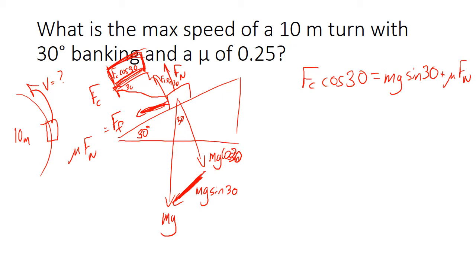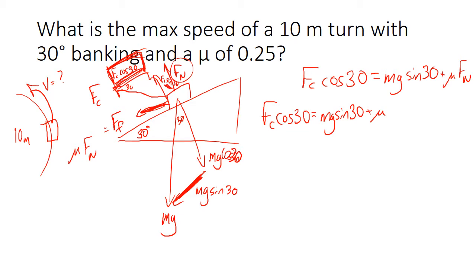Alright, so FC, rewriting it, because we have to work with force normal now, is equal to mg sine 30 plus mu times force normal. What is the normal force? Well, let's set it up in a way that makes more sense.